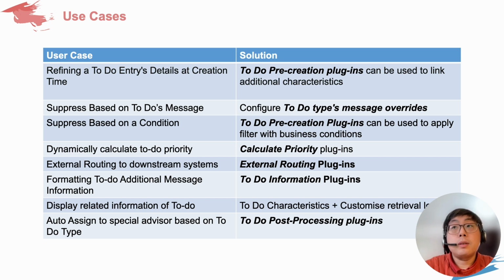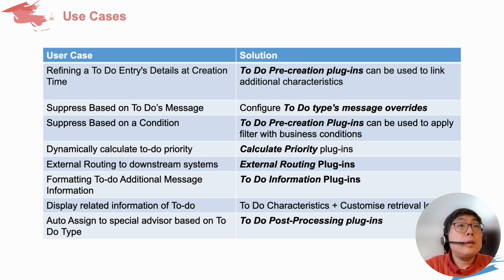But there are some cases which you want to customize the logic of to-do entry and then add additional fields at runtime once it's been created. So that has to have a custom retrieval mechanism in Java. There is no plugin for that.